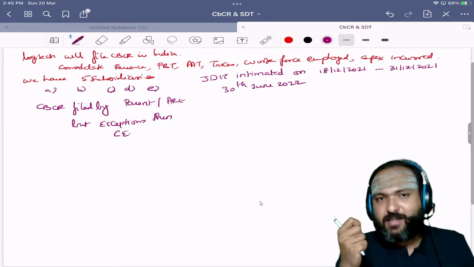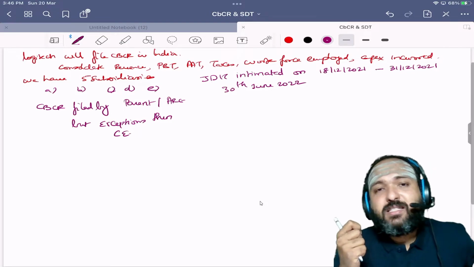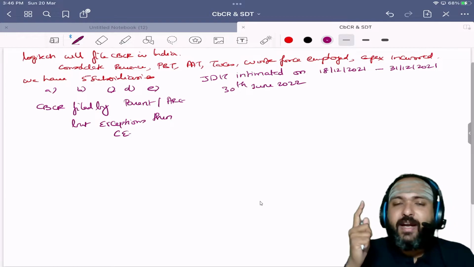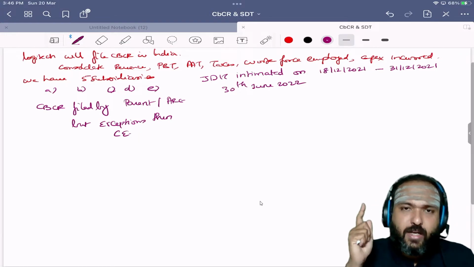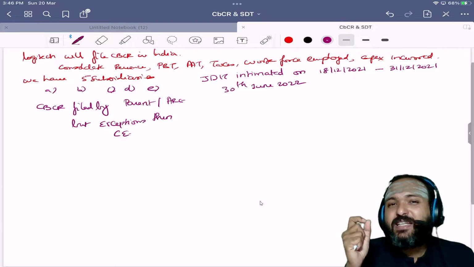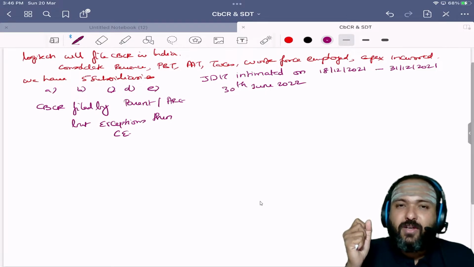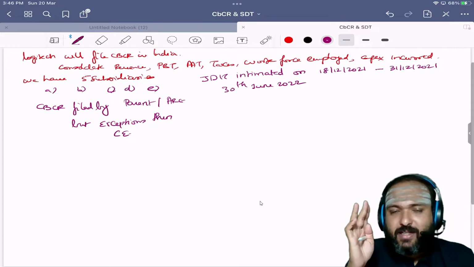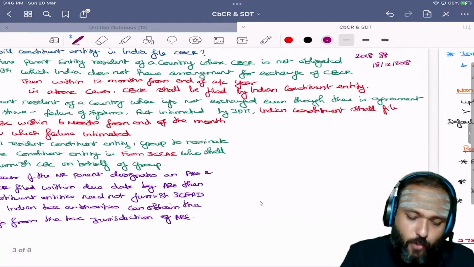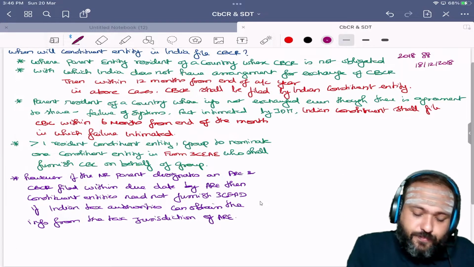Then they will ask the constituent entity to file the CBCR reporting. Who will ask? The joint director of income tax will ask the constituent entity to file, and the constituent entity shall file it within what period? 6 months from the end of the month in which the joint director has requested them to file the CBCR report. Is it clear? Now, let us move forward.